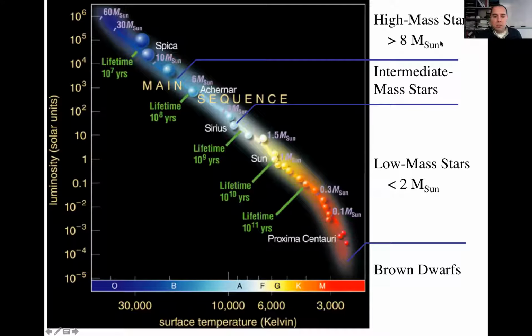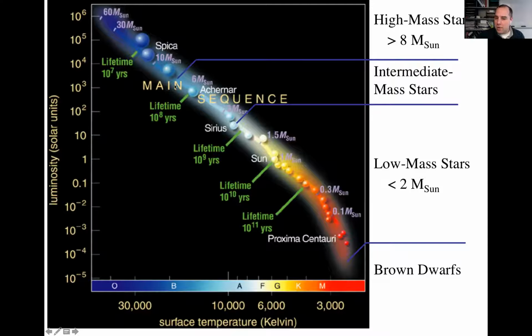But first, I want to sort of differentiate. We're going to talk about these stars in 2 groups, low mass stars and high mass stars. And this does a decent job of talking about the distinctions between those 2. Low mass stars are those that have less than 2 solar masses. High mass stars are certainly greater than 8 solar masses.